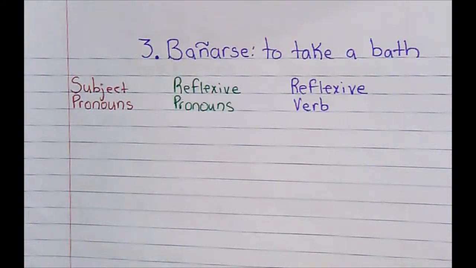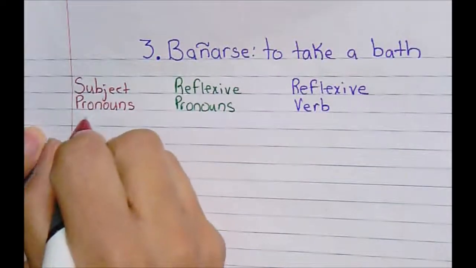So first I'm going to start off with bañarse, which means to take a bath. Here we have subject pronouns first, right? We always start off with our subject pronouns, so let's list them.